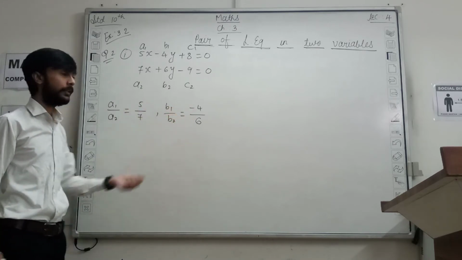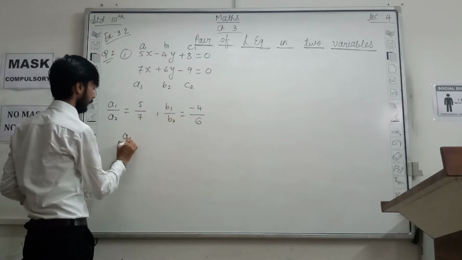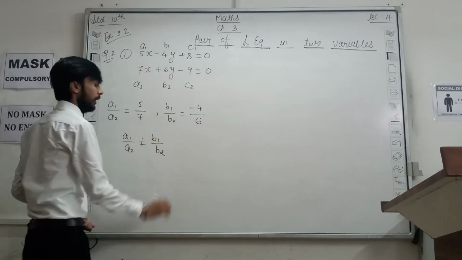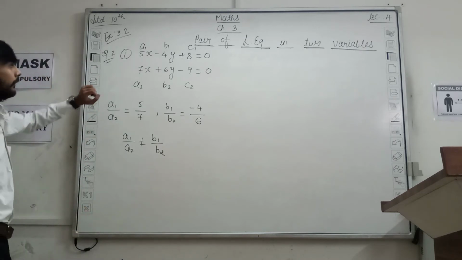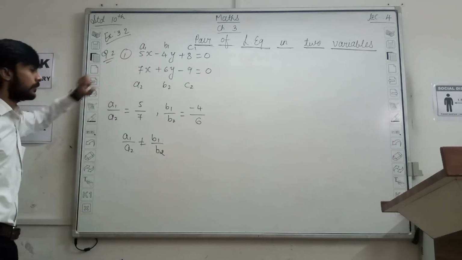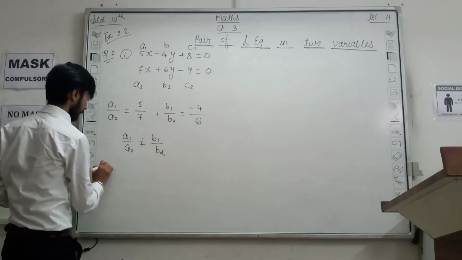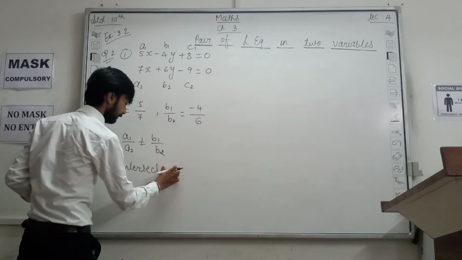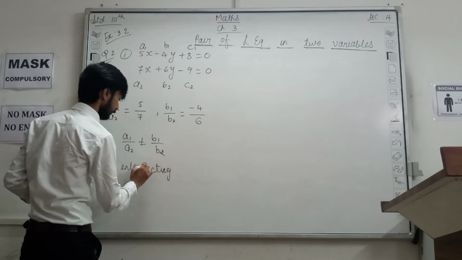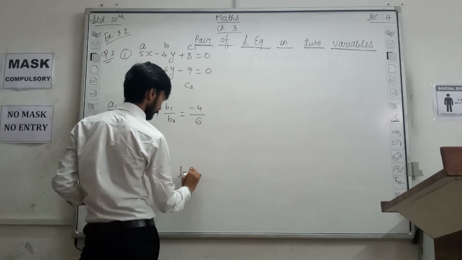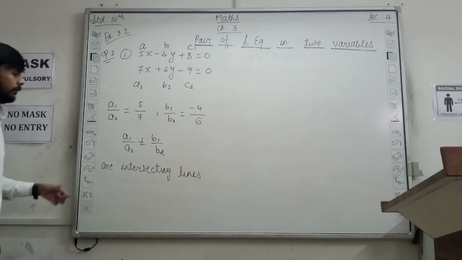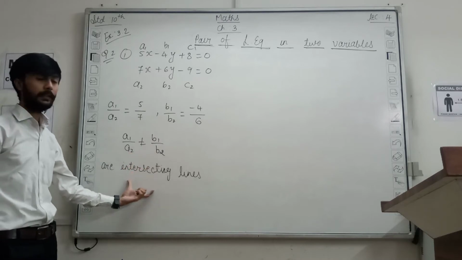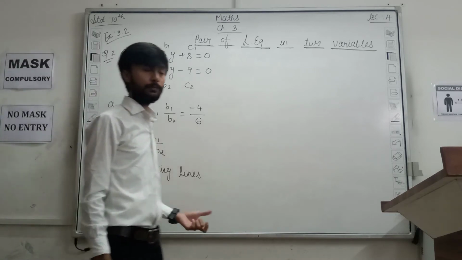Therefore A1 upon A2 does not equal B1 upon B2, and hence we can say that the given pair of linear equations are intersecting lines. Because A1 upon A2 is not equal to B1 upon B2, they intersect at a point and there is a unique solution.